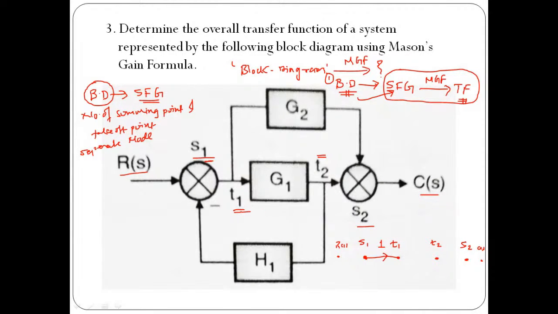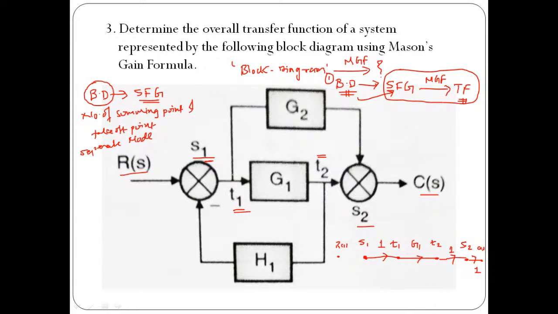And then from node T1 to node T2, we have a branch of gain exactly equal to G1. In the same way, from T2 to S2, again we have a branch of gain exactly equal to 1. And then from S2 to C(s), again we have a gain of 1.